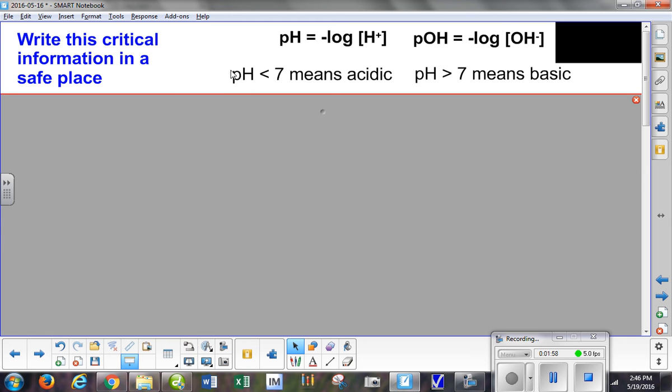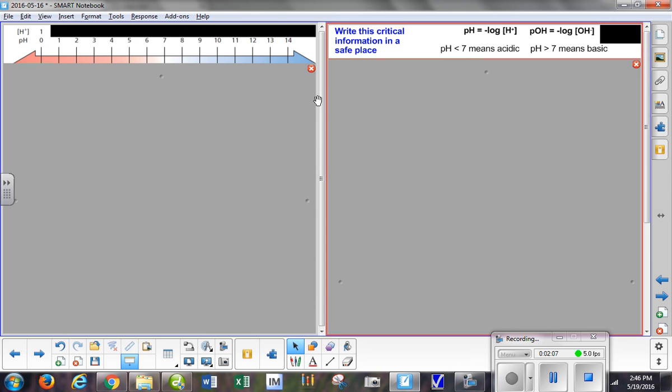And as we saw in that little graphic, a pH less than 7 means it's acidic. And let's do that side by side with that graphic. Here we go. pH less than 7 means acidic, so we go from here down, we've got acidic. A pH greater than 7 means that it's basic.